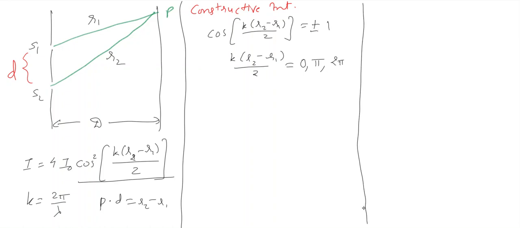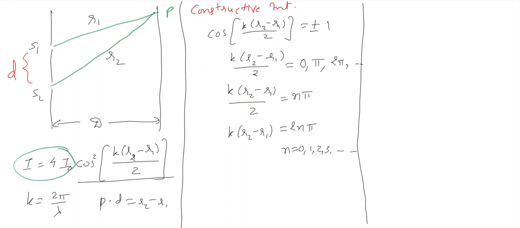So the pi term is okay, and so on. So I can say that if k (r2 minus r1) by 2 is n pi, or else if k (r2 minus r1) is 2n pi with n starting from 0, 1, 2, 3, then the cos term will be 1, and then intensity will be I is equal to 4I0.